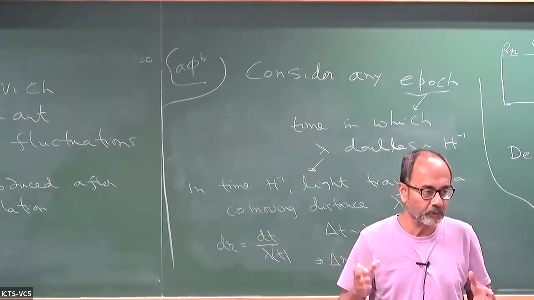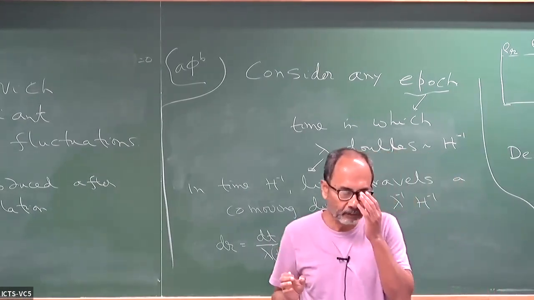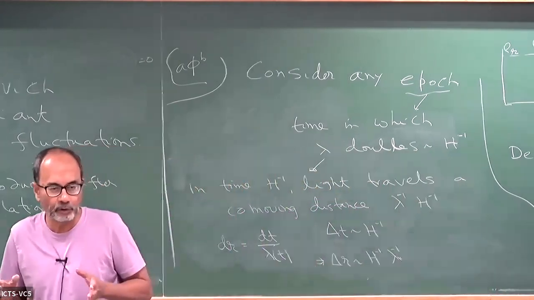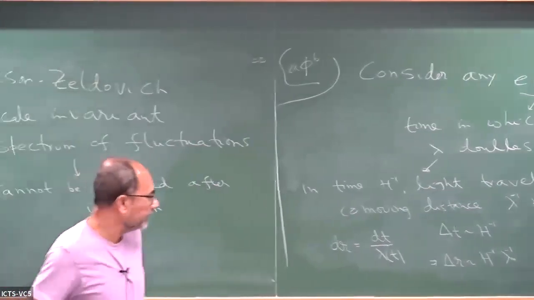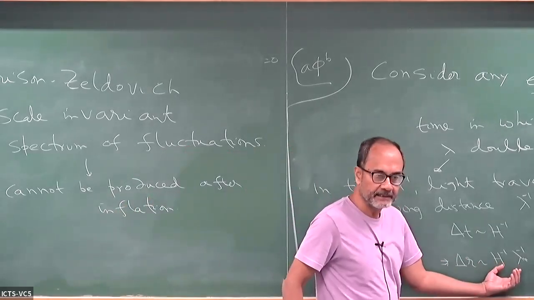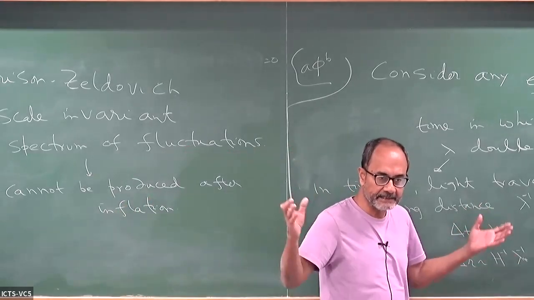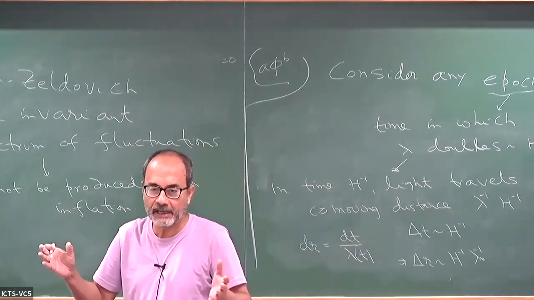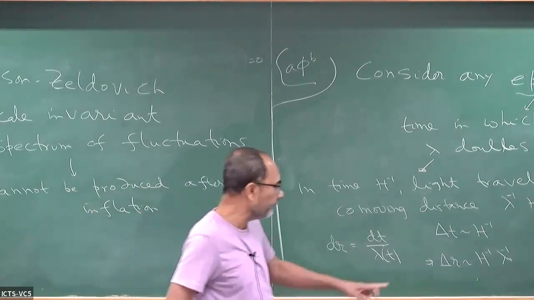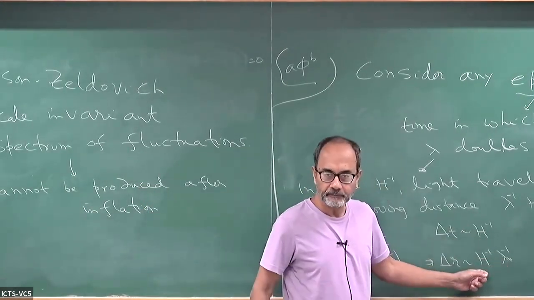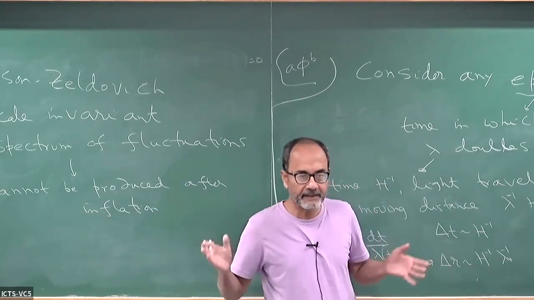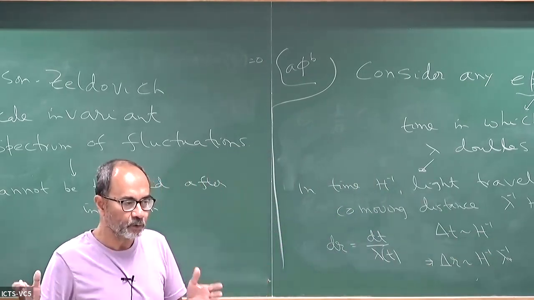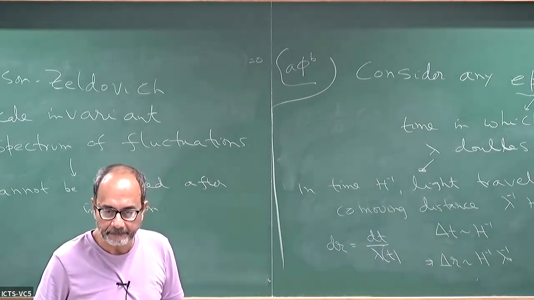If you look at a given scale and ask whether the fluctuations at that scale received contribution from that epoch, you have to compare that scale with this. If that length scale is larger than this, then fluctuations at that length scale couldn't be affected by this epoch. So h inverse lambda inverse is roughly the scale that sets the maximum distance to which fluctuations can affect.